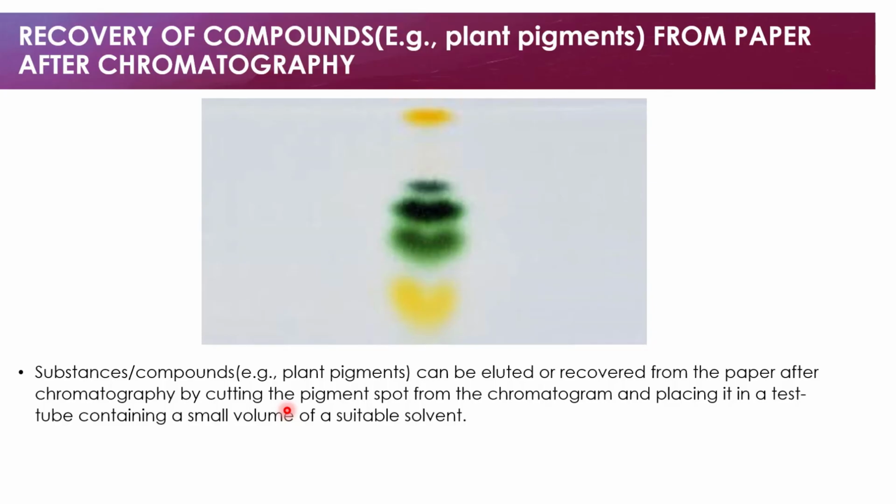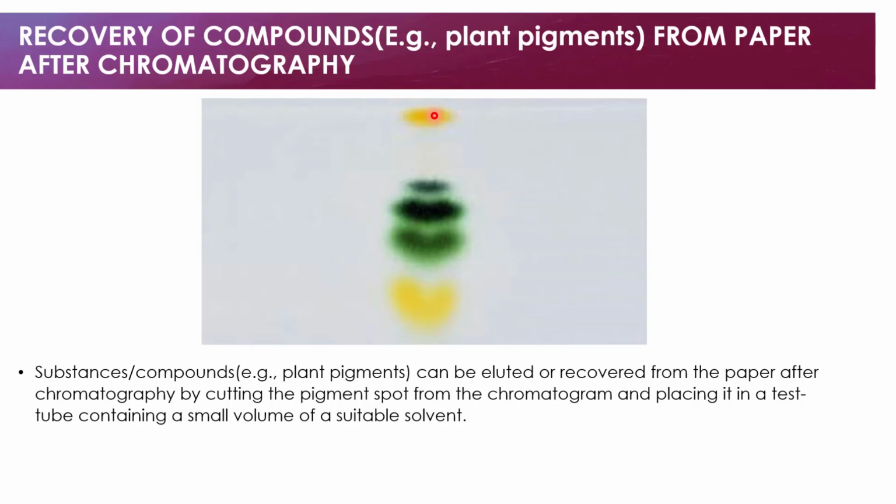So if I want to recover this pigment over here from my paper, I'll just cut this pigment spot and put it in a test tube containing a suitable solvent to elute the pigment.